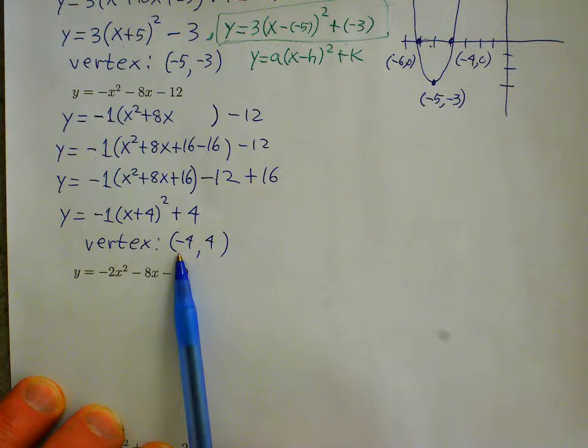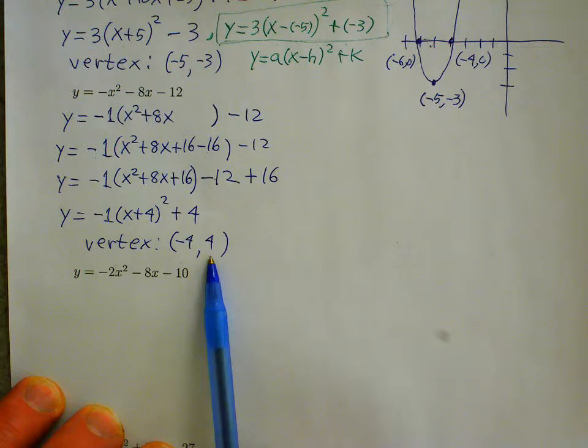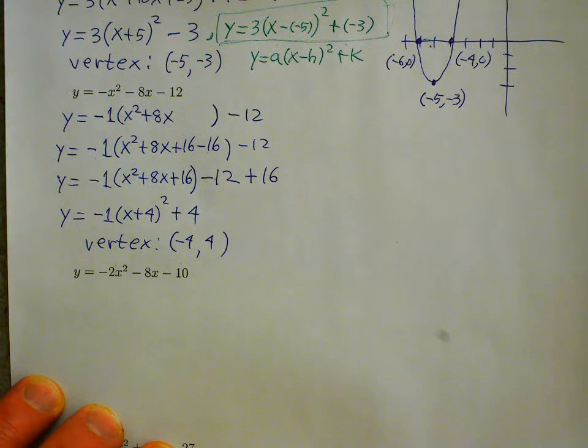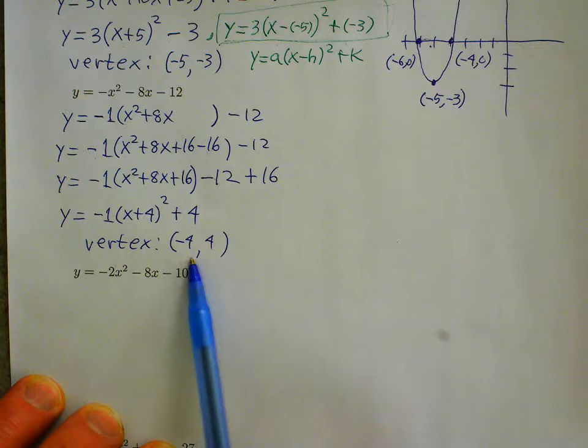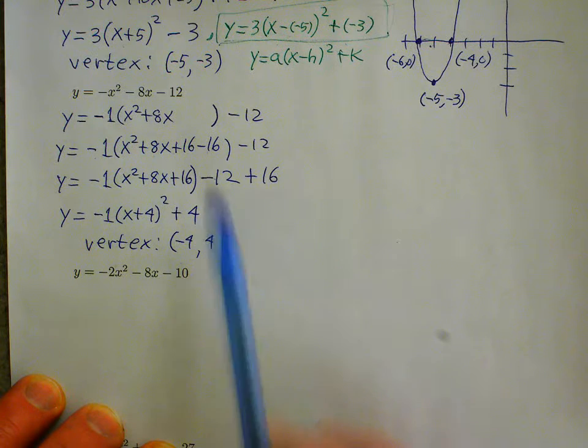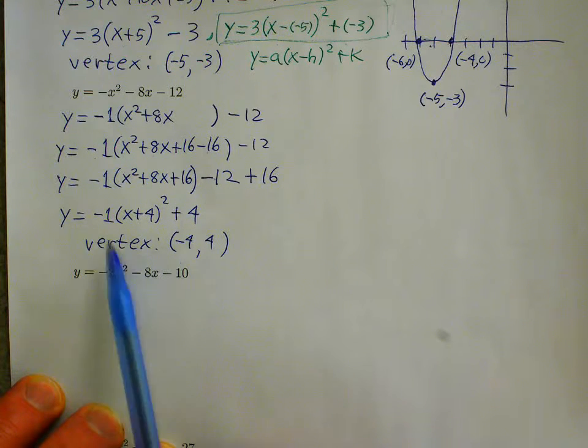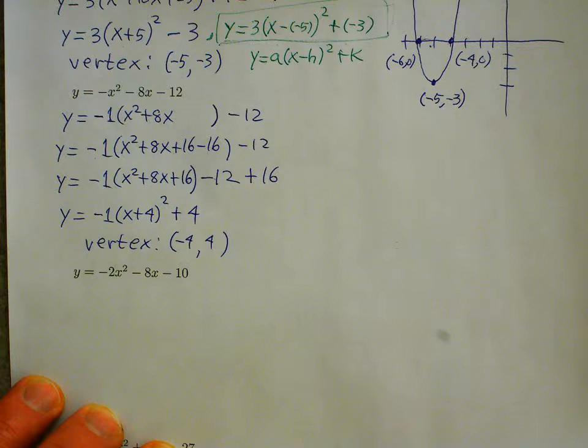Okay, so this vertex, -4, 4, is above the x-axis. The y-coordinate is positive, so it's above the x-axis. The parabola opens downward, so that means there are 2 x-intercepts.